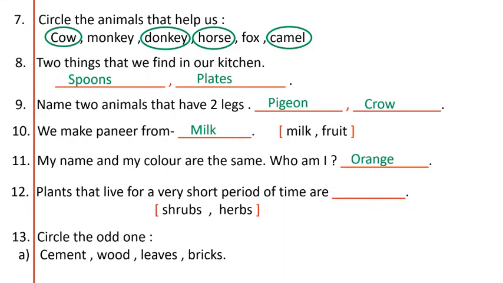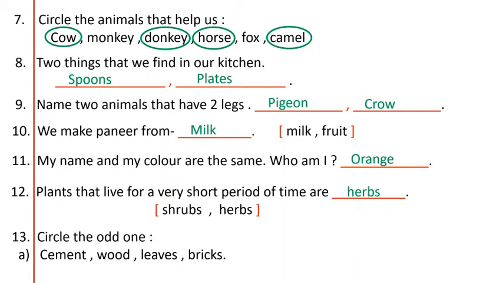Plants that live for a very short period of time are called, options, shrubs or herbs. They live for a very short period of time, children. Yes, you're right. They are herbs.